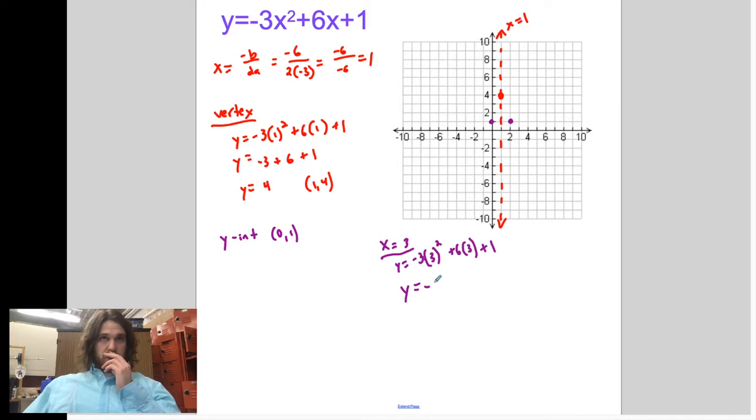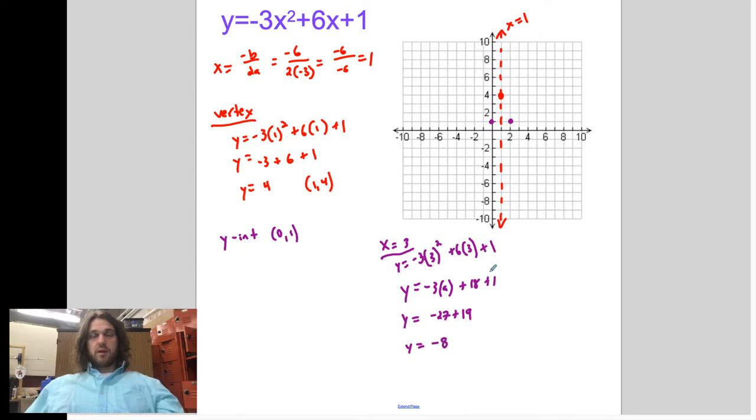So that will be negative 27 plus 18 plus 1, which is y equals negative 27 plus 19, which is going to give us a y value of negative 8. Hey, look at that.